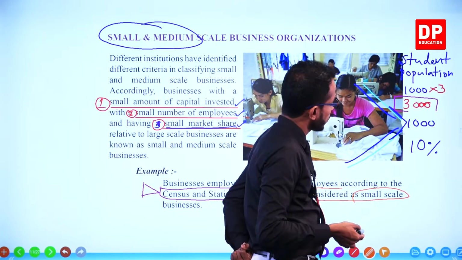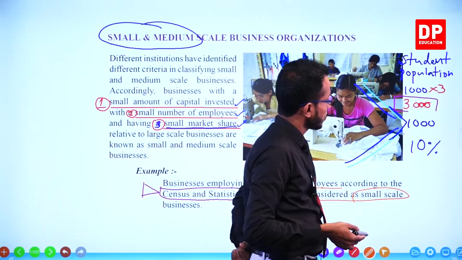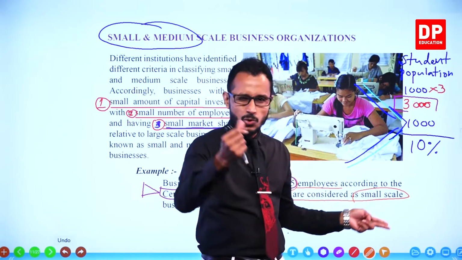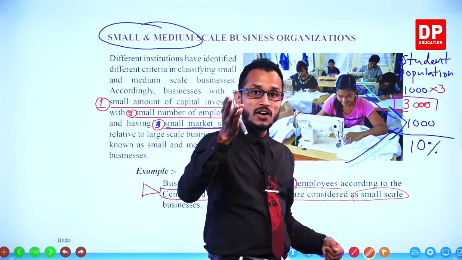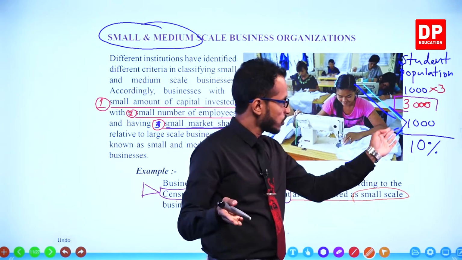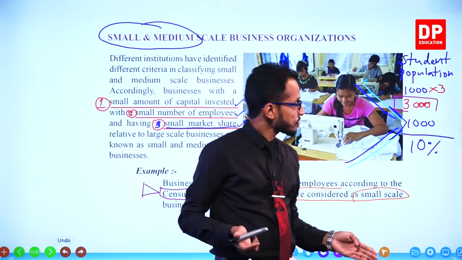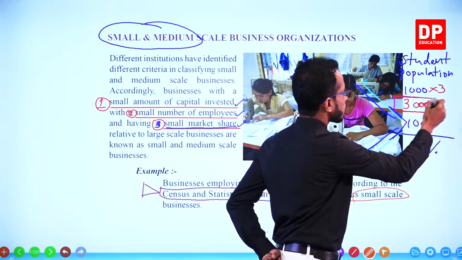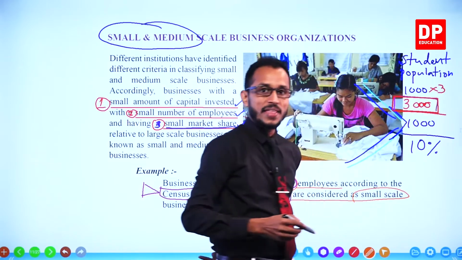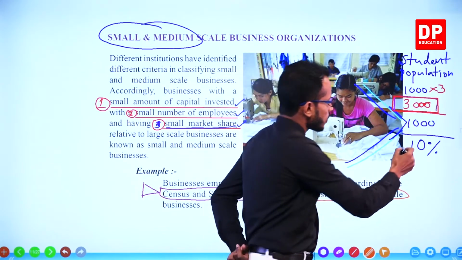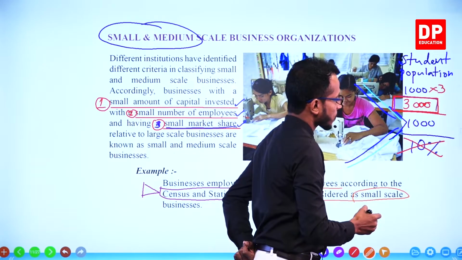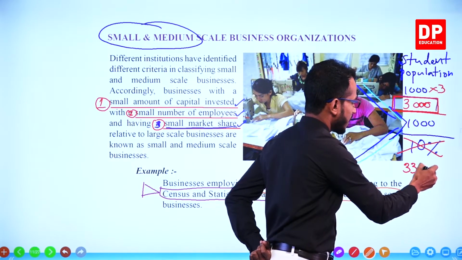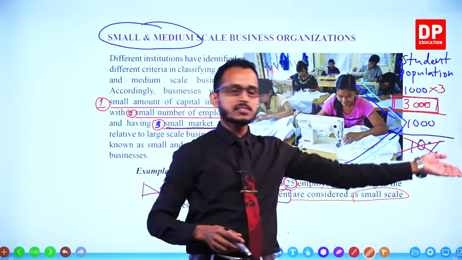Okay, 1/3. I'm doing these calculations quickly, but if you have calculators, you do your calculations and see. Divide 3,000 from 1,000 and you will get not 10%, you will get 33.333333 likewise.